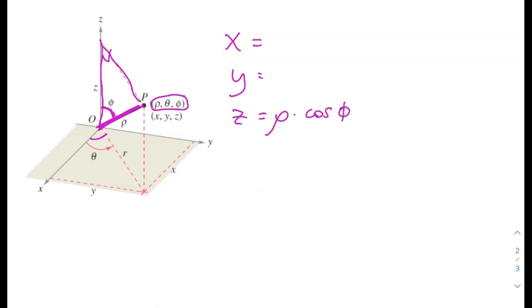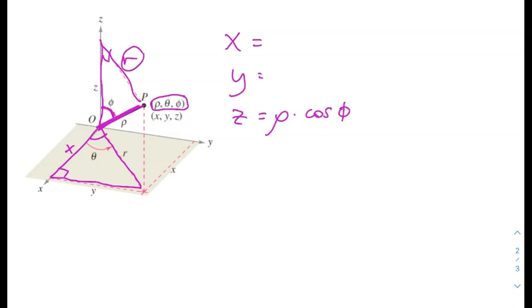X and y are a little bit further away. Let's add the x here. So we were talking about this right triangle before. It would be nice if we had r, wouldn't it? If we had r, we would say that x is r cosine theta and y is r sine theta. Well, r, we can find it because r is also at the top here.